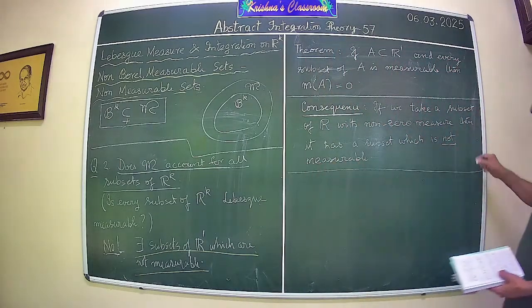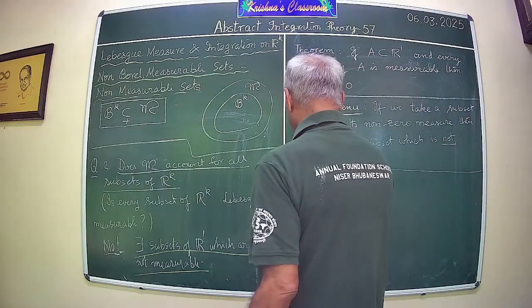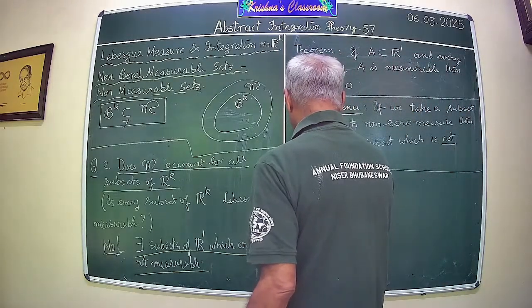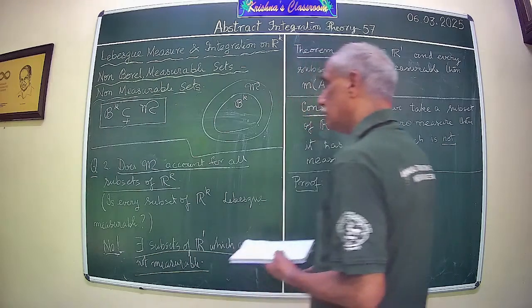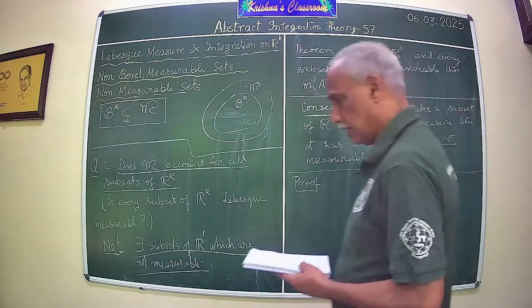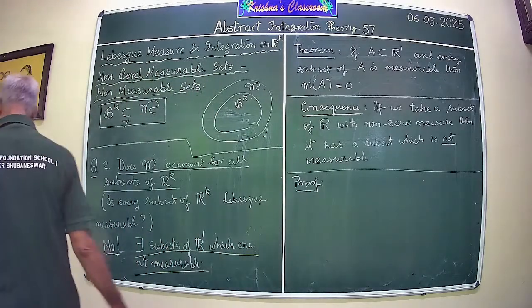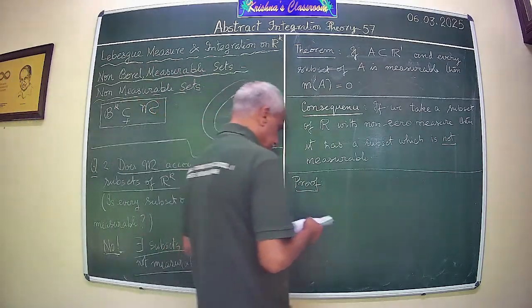So that is the outcome of that. So let us prove this. I will just outline the proof. We have already done this earlier when we developed a Lebesgue measure on R1. So it is just the repetition of the same.